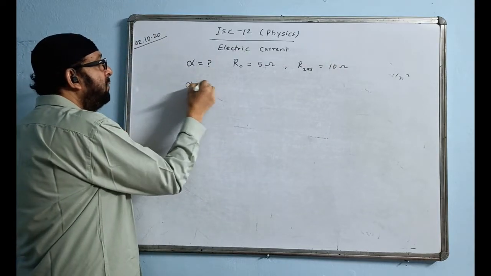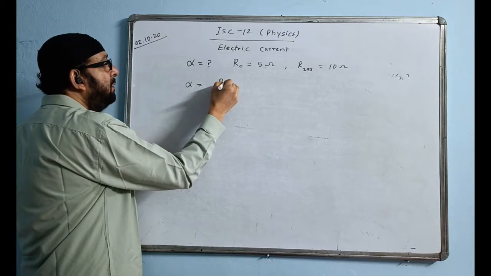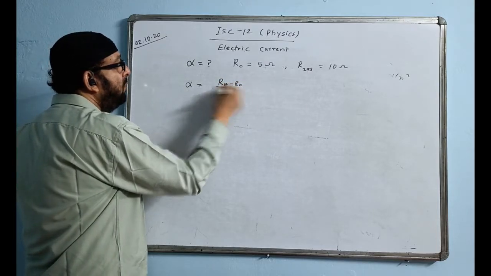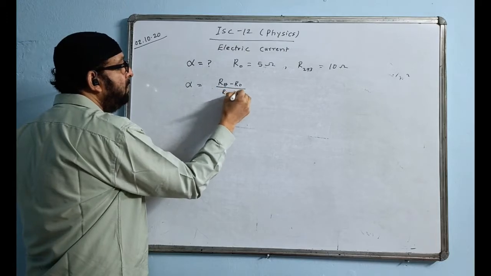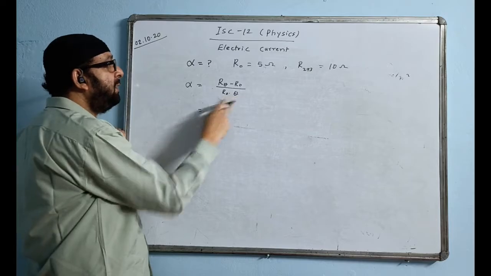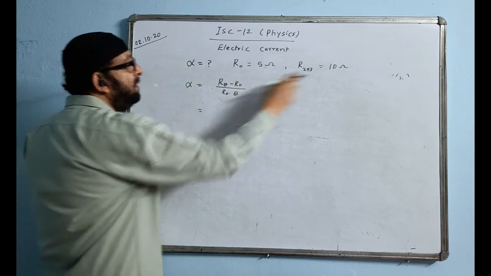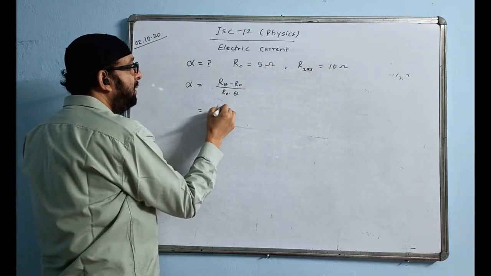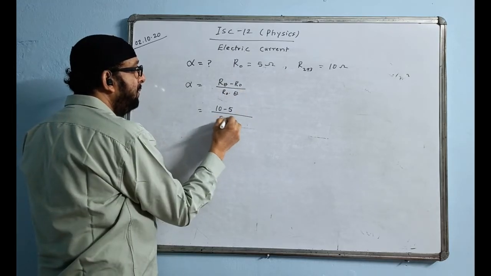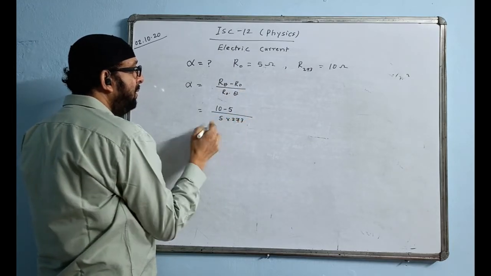The formula of alpha goes like this: (R theta minus R0) upon R0 into theta, or change in resistance per original resistance per degree rise of temperature. What is the change in the resistance? 10 minus 5. R0 value is 5 into 273.